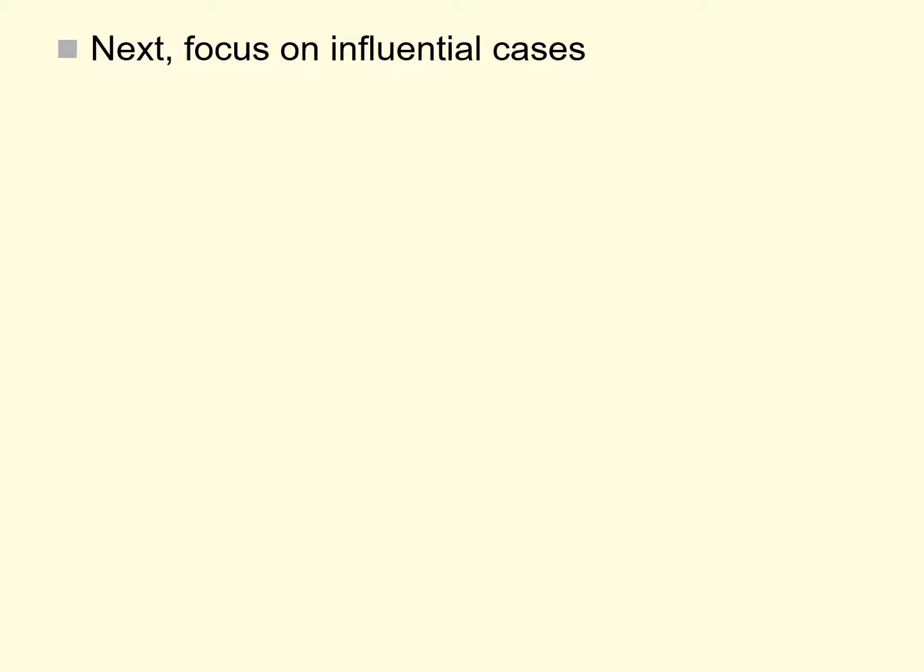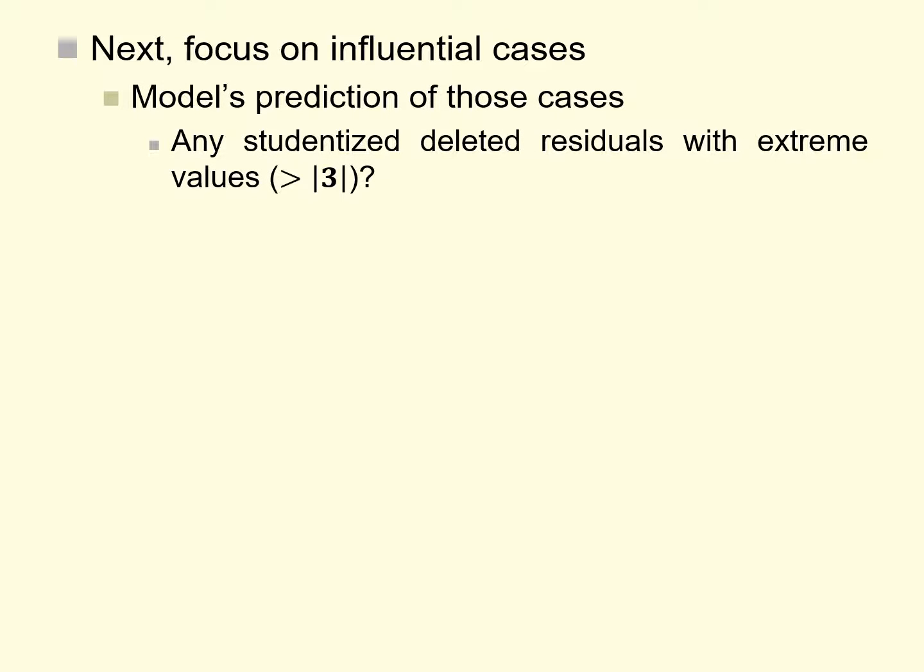And here we can think about influence different ways. First, let's think about it in terms of the model's ability to predict individual cases. And we can ask, are there any cases with studentized deleted residuals that have extreme values, greater than 3?